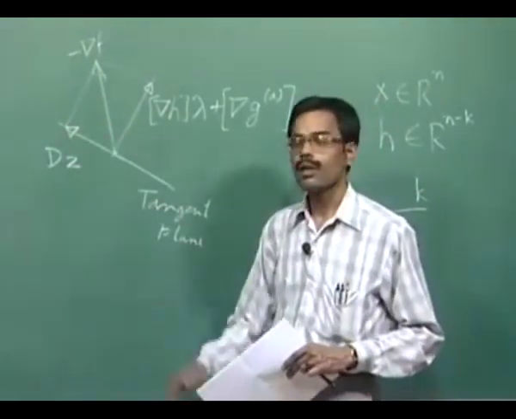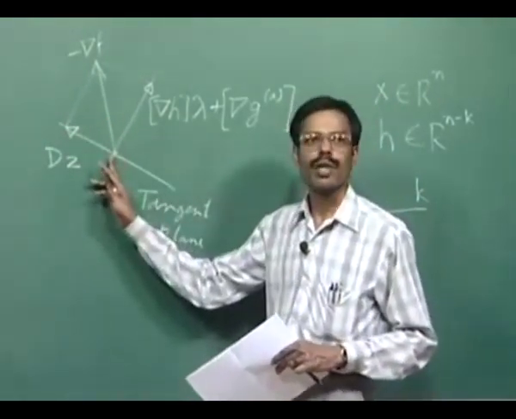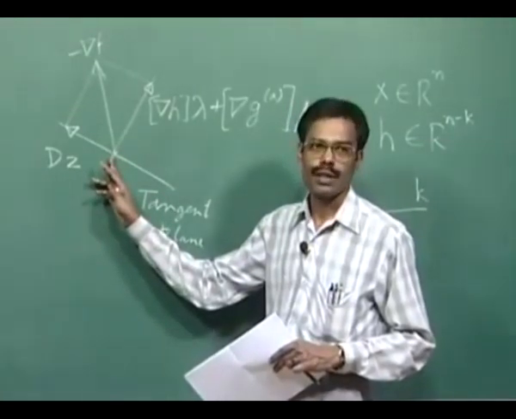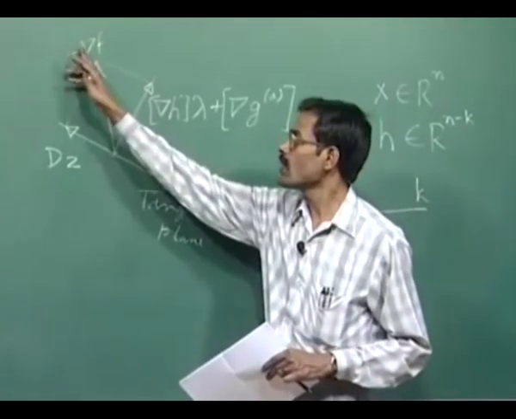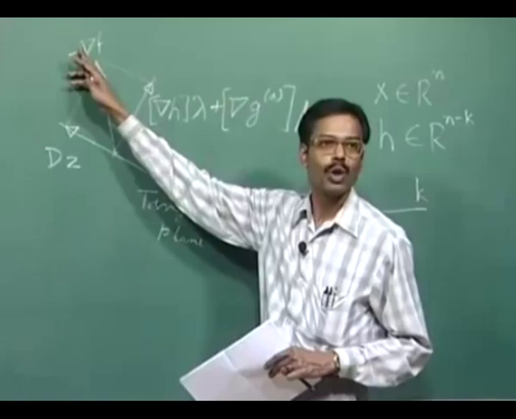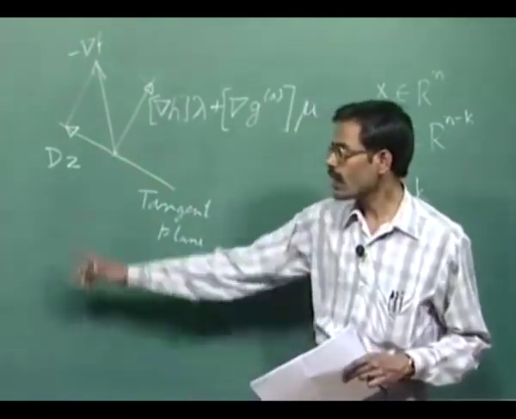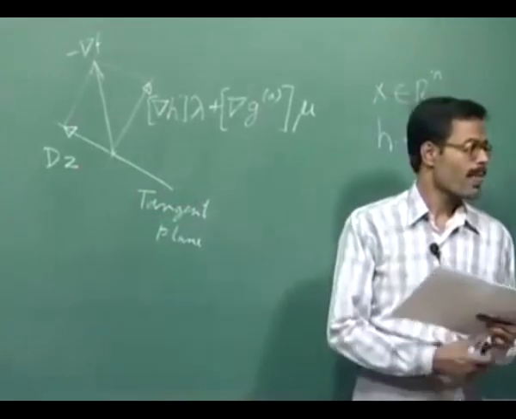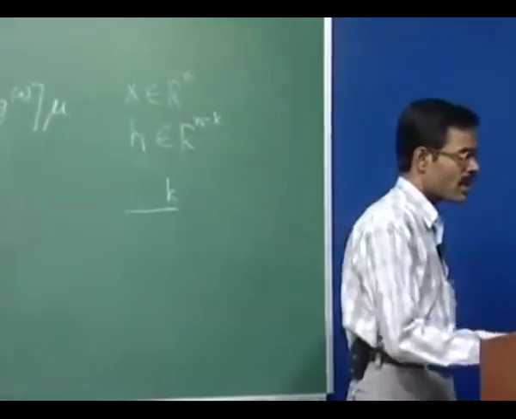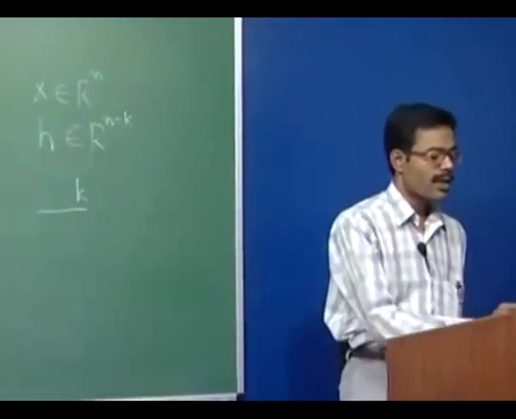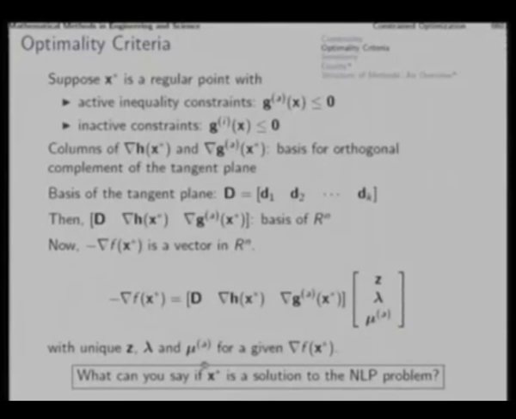That is why, for this point to be a local minimum, it is necessary that the negative gradient vector has no non-zero component in the tangent plane. That means z must be 0. This is what we can say if x star, this current point, is a solution to the nonlinear optimization problem, minimize f subject to those constraints.